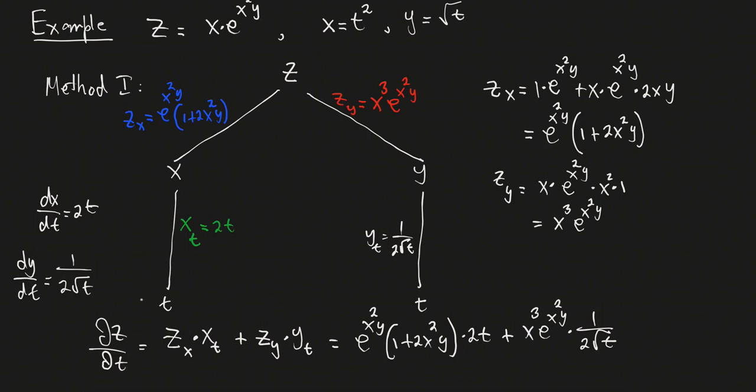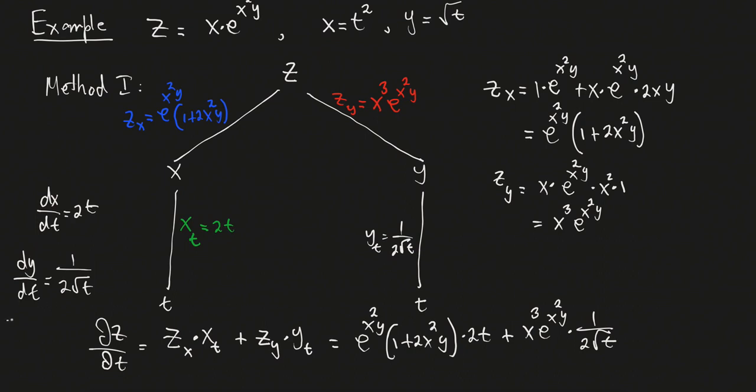In other words, we want our rate of change to be solely in terms of the variables at the lowest level, the ones that are truly our independent variables. x and y are kind of a mixture, because they affect z, but then they are affected by t. So we would like this final answer to be solely in terms of t.